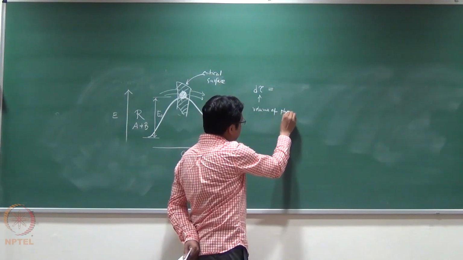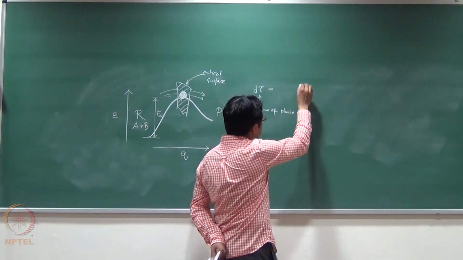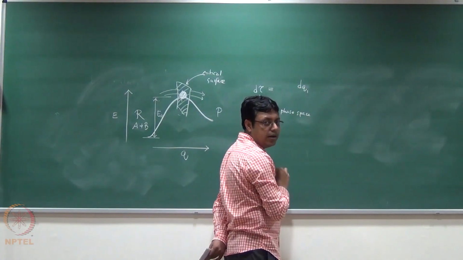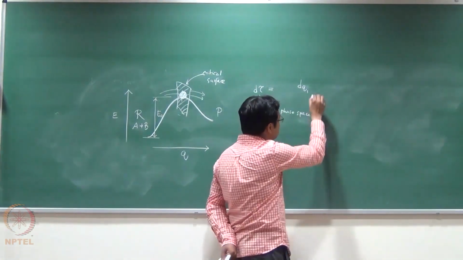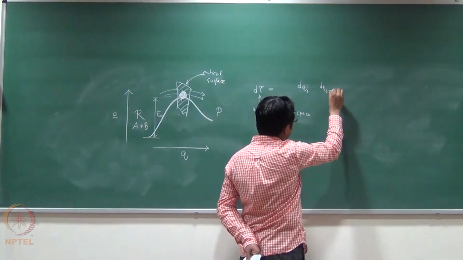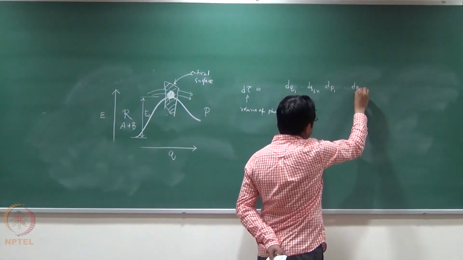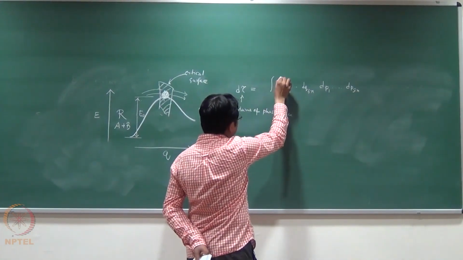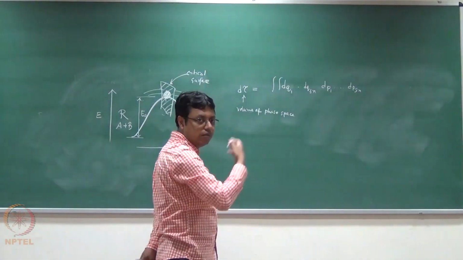How do you calculate the volume? There are 3n coordinates and then 3n conjugate momentums. The coordinates are dq1 to dq3n, and then there are 3n conjugate momentums. I have to integrate this, so there will be 6n integrations. That will give me the total volume.